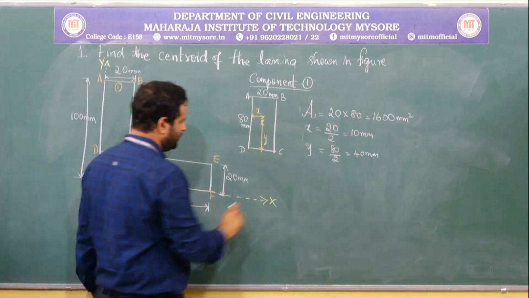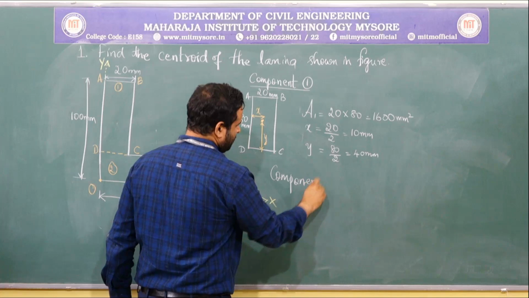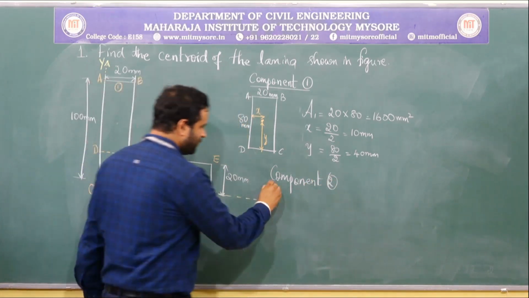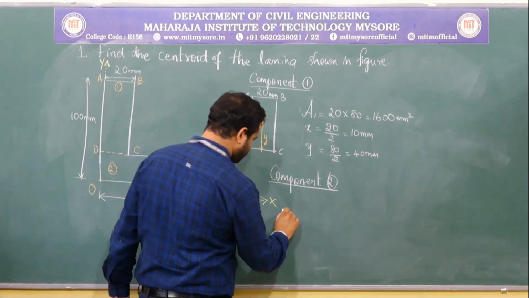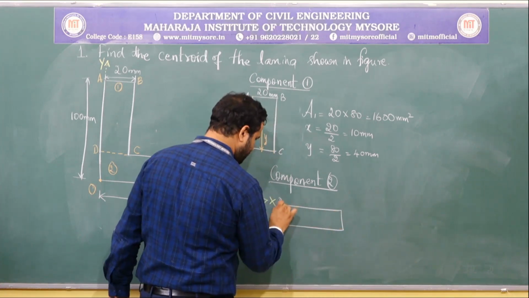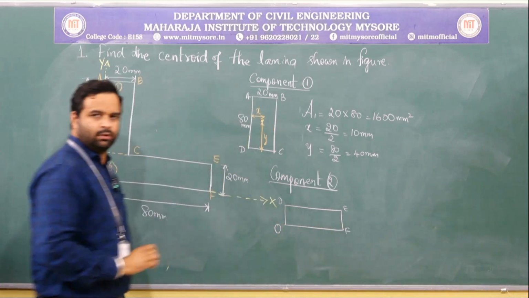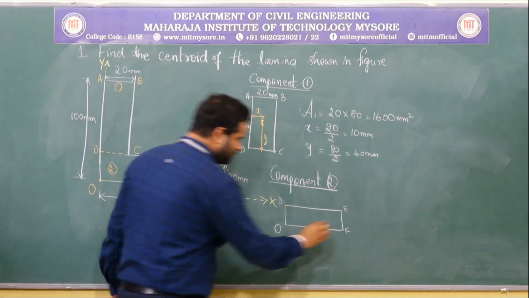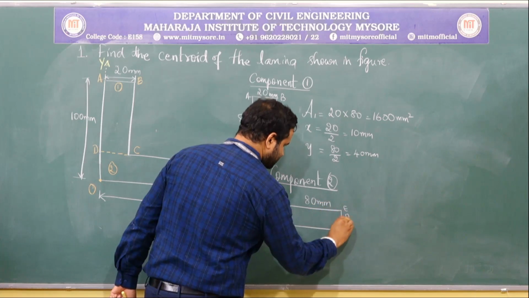Similarly, let us calculate the component 2 area, x and y. So for component 2, the rectangle looks like this, that is DEFO: D, E, F and O. So dimensions, this is 80 mm, this is 20 mm.